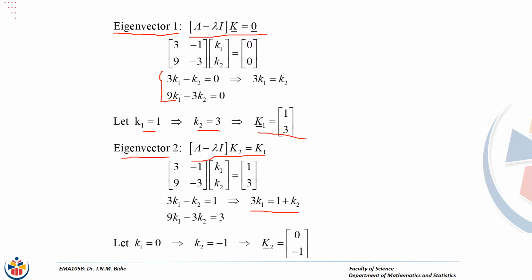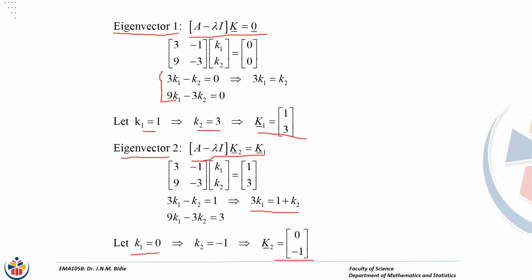But you could have even said let k1 be equal to 1, as you usually do. If k1 is equal to 1, then k2 will be equal to 3 minus 1, which is 2. So you'll have 1, 2. Note that the answer depends on your assumption. If you let k1 be equal to 1, then you'll get a different set of values for this eigenvector.